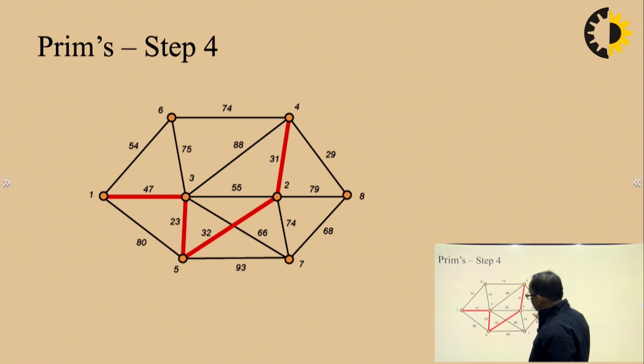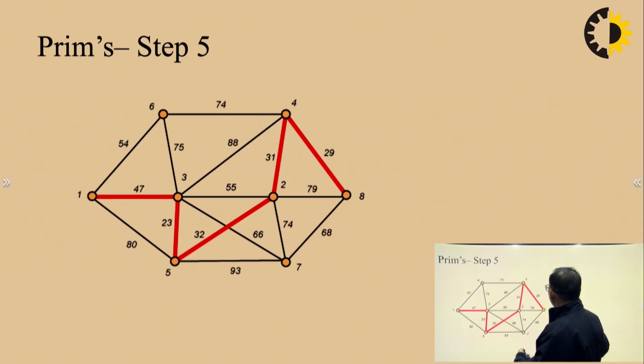So this edge will be selected and added to the minimum spanning tree, because it has the minimum weight. So the edge which connects vertex 4 and 8 will be selected and added to the minimum spanning tree. Now two vertices are remaining, vertex 6 and vertex 7.